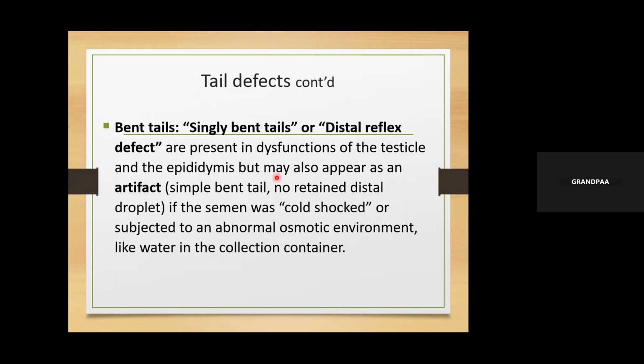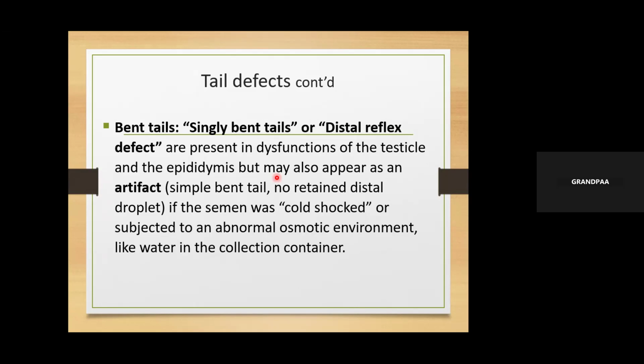And it could be a problem from spermatogenesis, it could be due to a stress in the production process. Yes, that can. But what I'm saying is that it can also be an artifact.